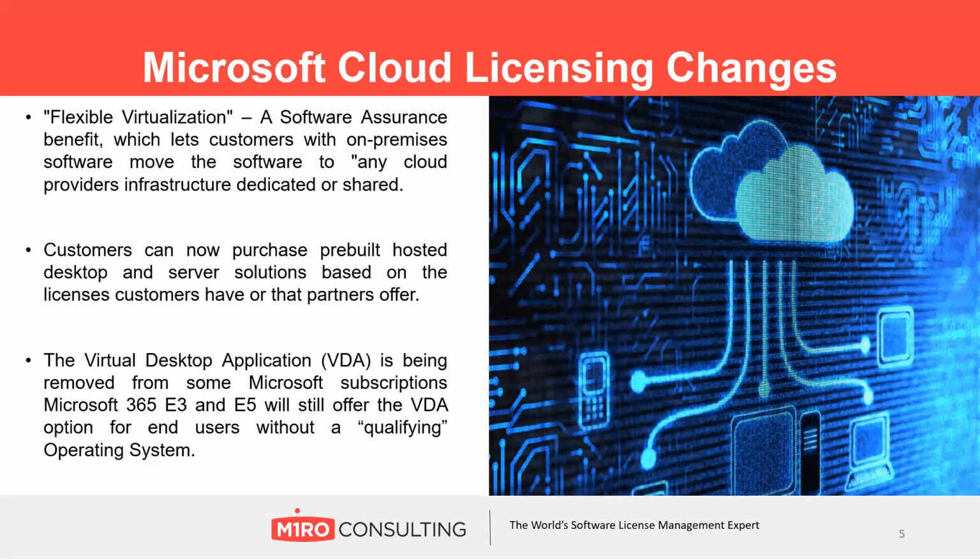One of the big ones Microsoft has is flexible virtualization. This was a software assurance benefit that you could move products from your on-prem to the cloud offering. There were certain providers available that Microsoft didn't allow you to move to.